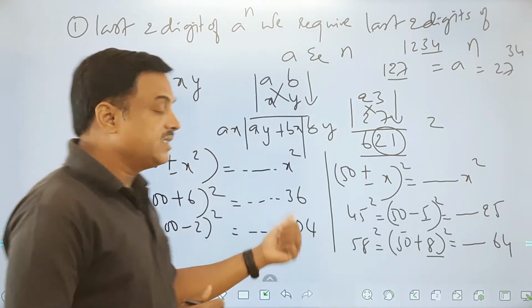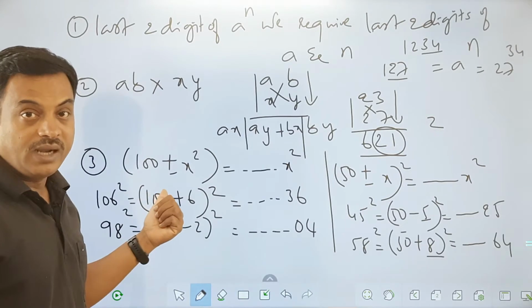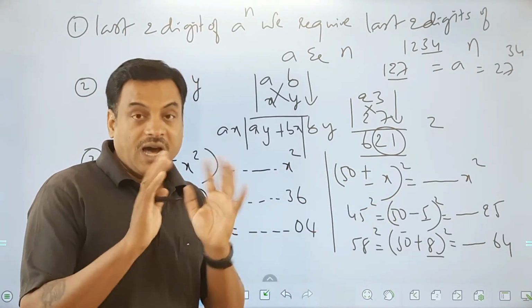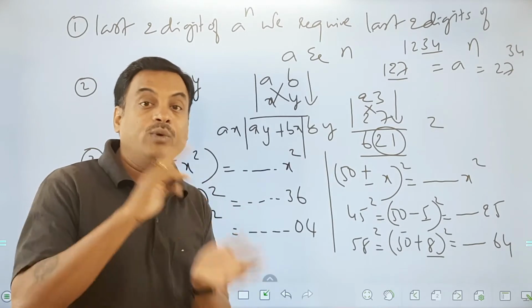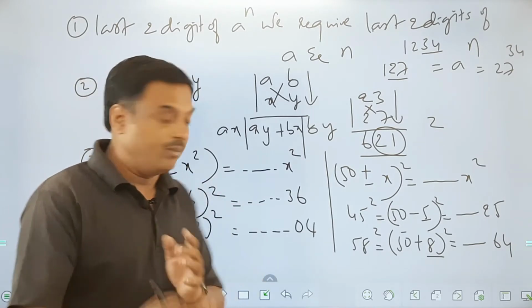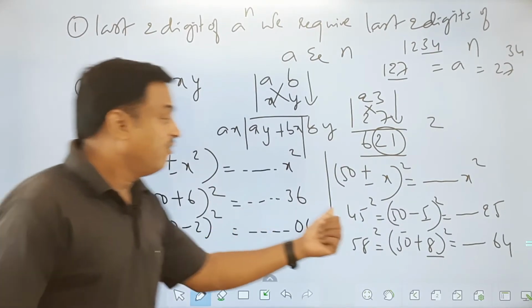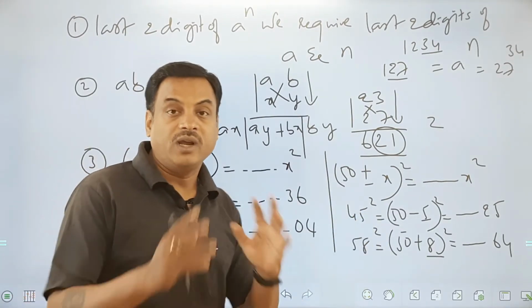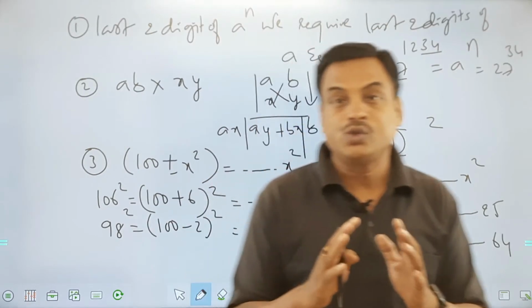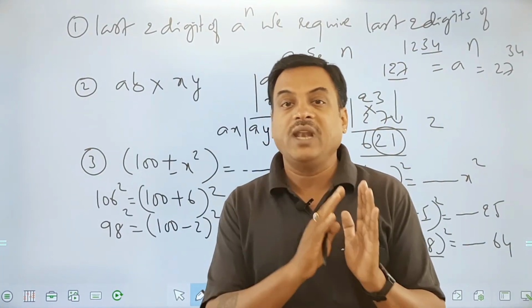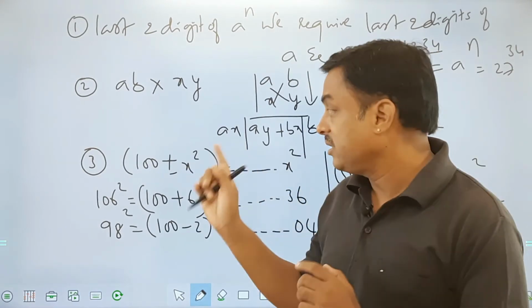Third one is a number close to 100 or 50. The last two digits, how to find out when I am doing a square of that number? For example, if you see 106², 98², 45², 58², all these examples are close to 100 or close to 50. If I am doing a square, what will be the last two digits? Okay, that's your third point.